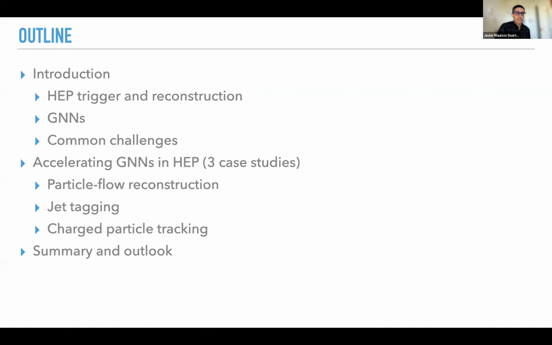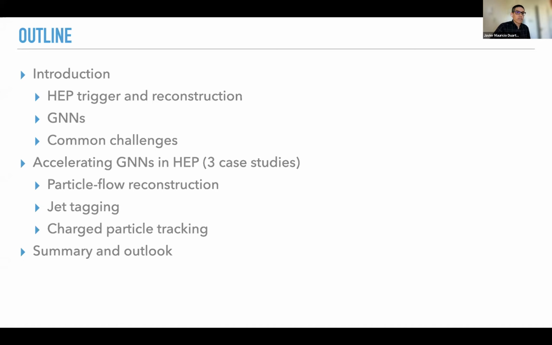So just to give the outline, I'll first introduce where we are typically using GNNs, so for HEP, trigger, and reconstruction, and then go into what the GNN inference is actually computationally doing, and then what the common challenges inherent in that are for accelerating them.